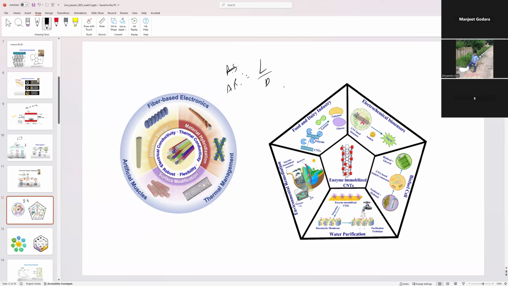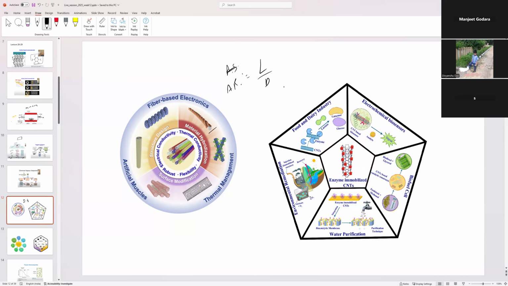Depending on different aspect ratios, you can have different applications. So you can have hybrid materials where the graphene is coated with other material to make an active material, or you can have flexibility.